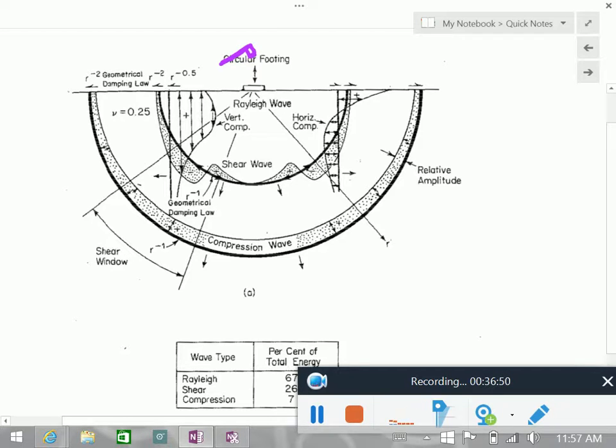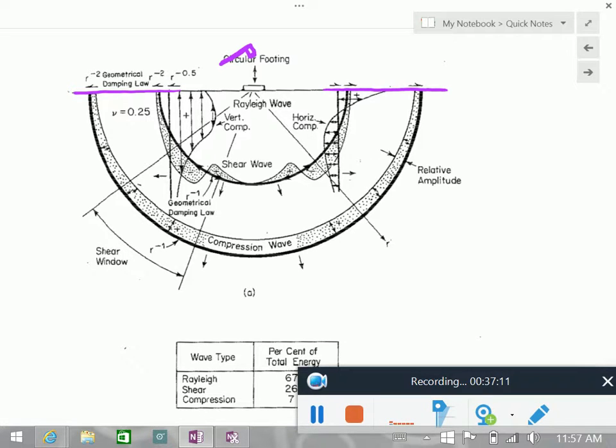If you don't control, like we do in ultrasonic testing, you generate different kinds of waves. So the one on the surface is, of course, Rayleigh wave. So it's propagating here on the surface. And then we have shear wave and compressional wave.